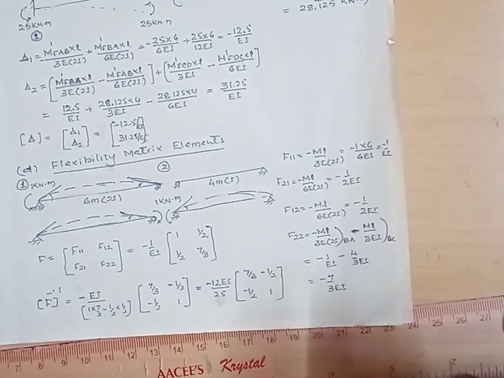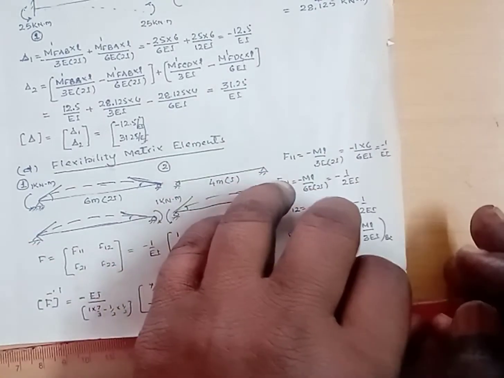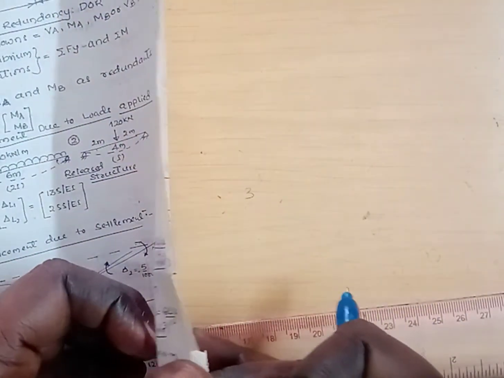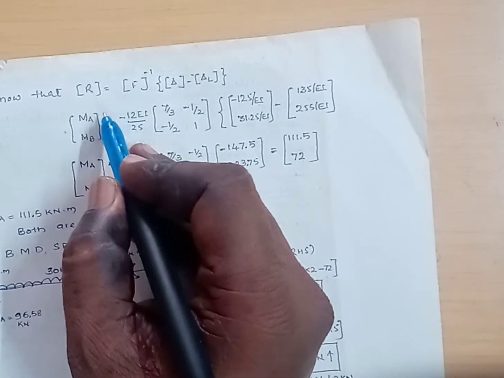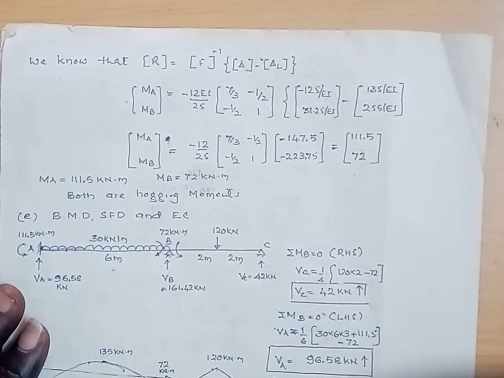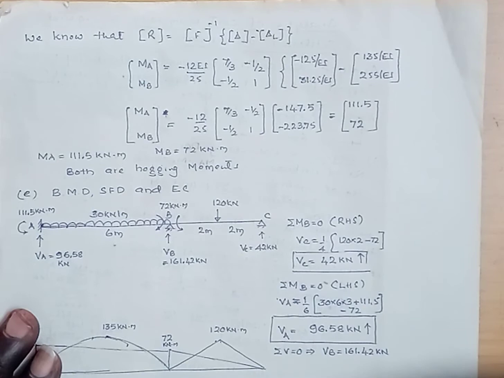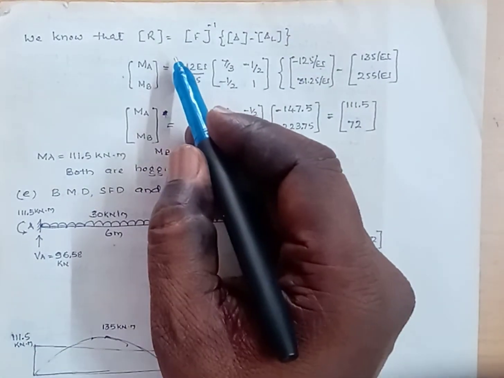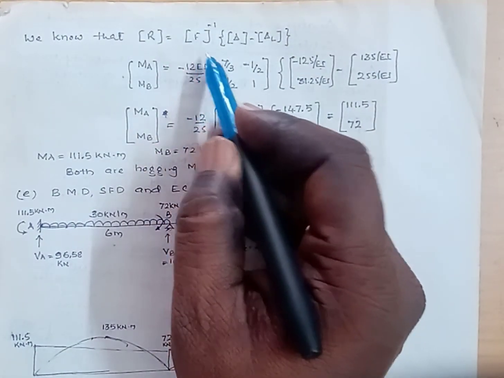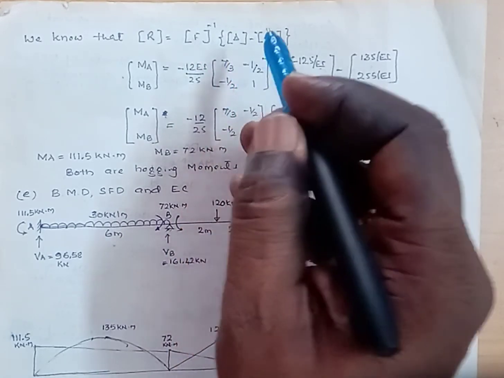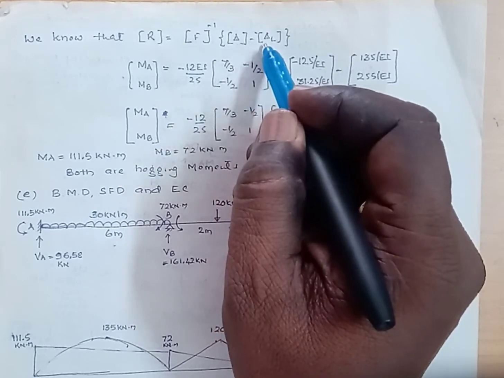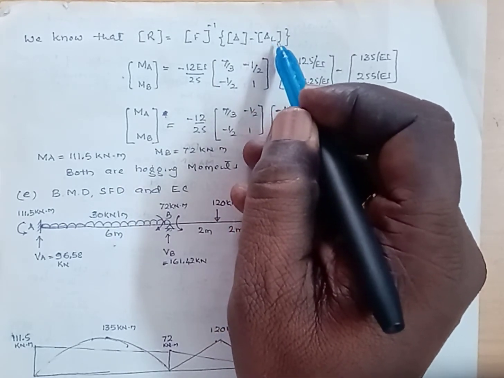Then, after knowing the flexibility matrix elements, we can calculate the redundants by using the relation, that the redundant matrix R equals the inverse of the flexibility matrix into the displacement matrix minus the displacement due to the applied loads.